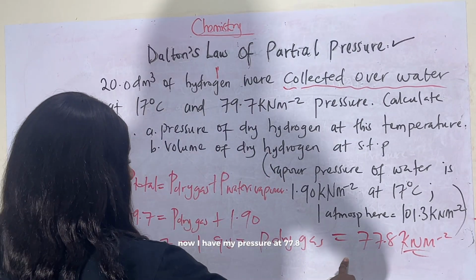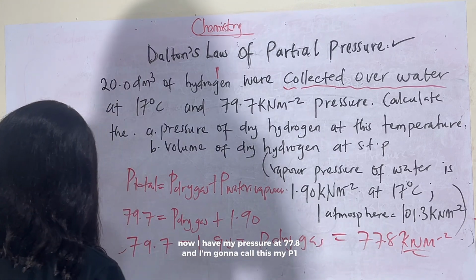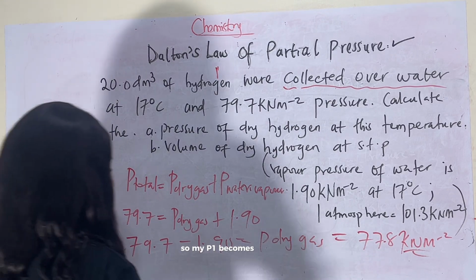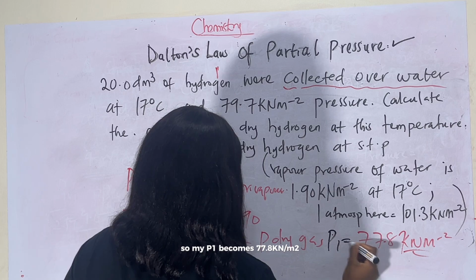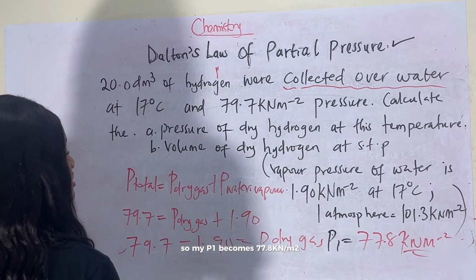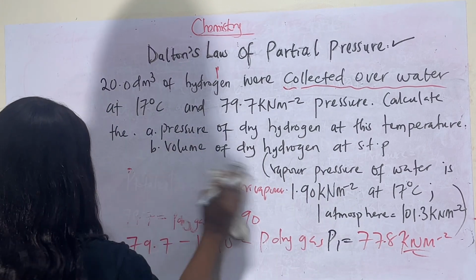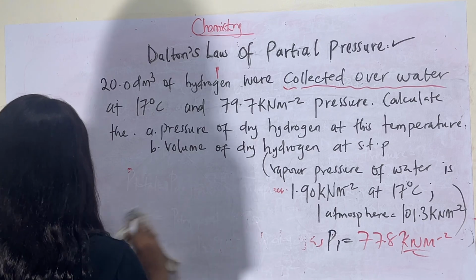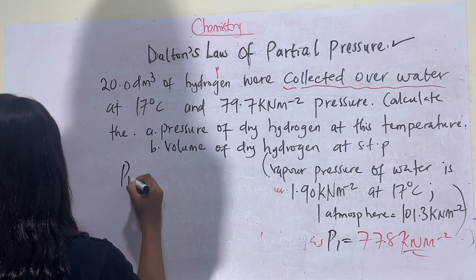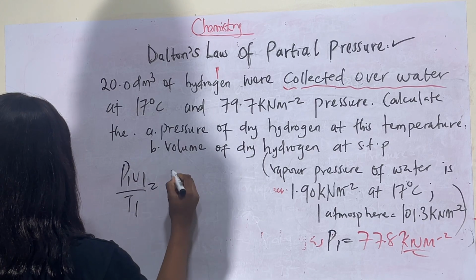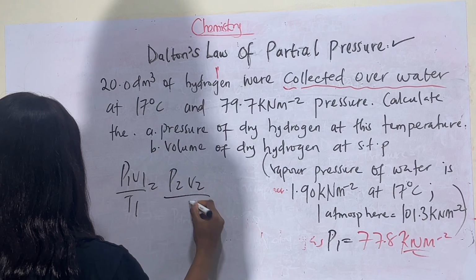Now I have my pressure as 77.8, and I'm going to call this my P1. So my P1 becomes 77.8 kilonewton per meter square. The equation is P1 V1 over T1 equals P2 V2 over T2.